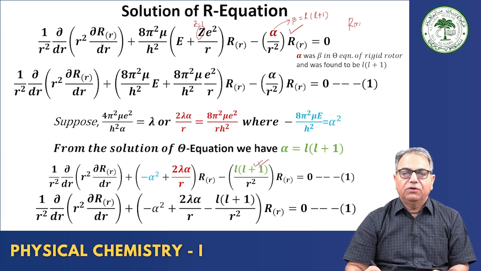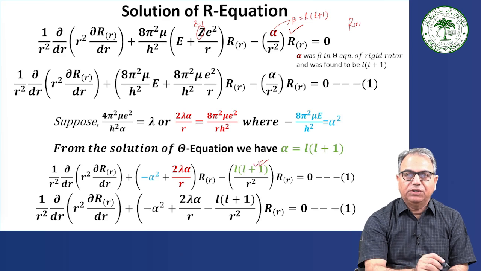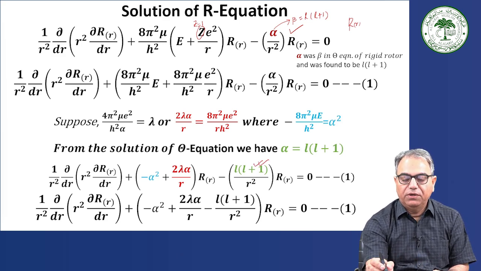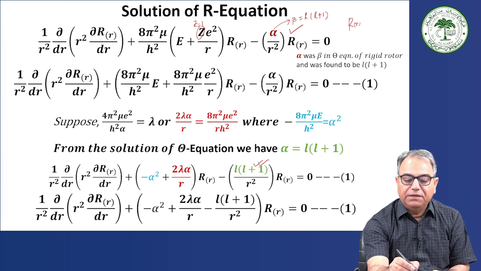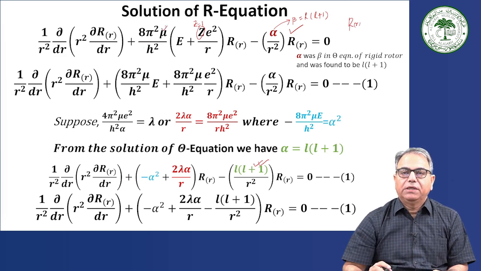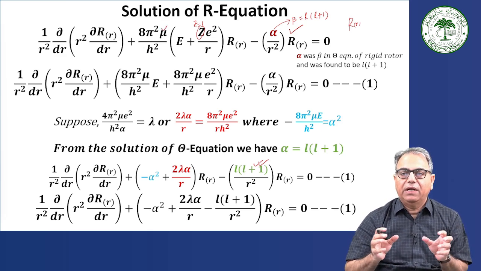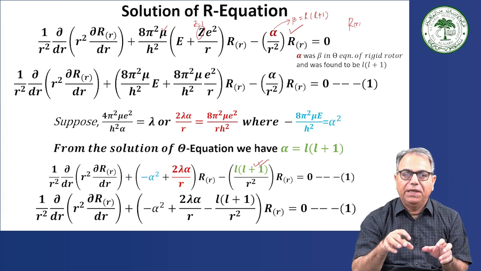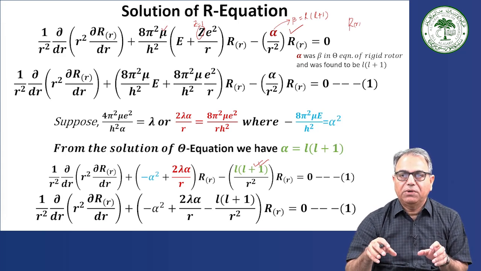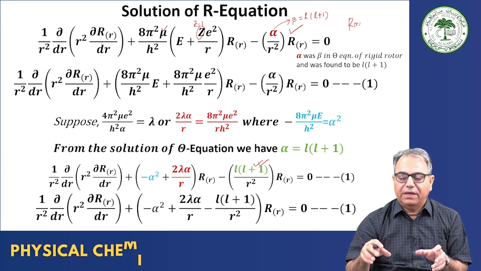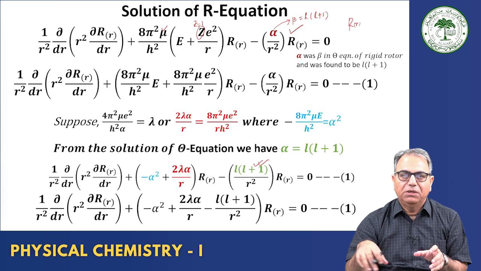The second equation is nothing but a multiplication of this function by 8 pi square mu over h square, and here we have used mu. I said in the case of the rigid rotor that if you have a diatomic molecule rotating in a plane, you can convert this two body problem into a one body problem, and instead of mass m you take mu, the reduced mass.